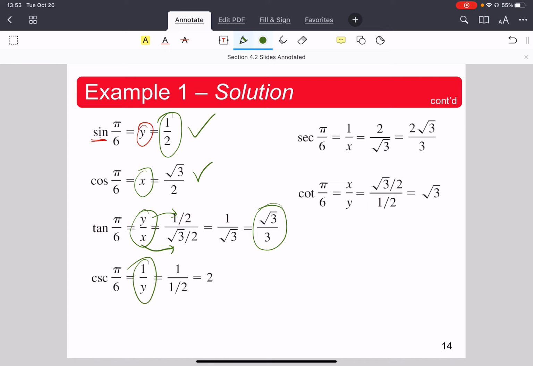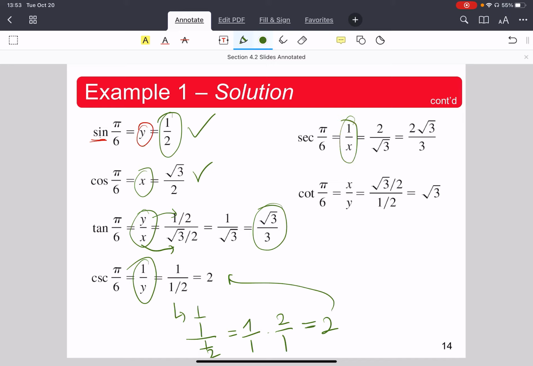Cosecant is always 1 over y, so you're just going to say 1 over 1 over 2, which simplifies like this: you divide 1 by 1 over 2, flip and multiply, so 2 over 1, so then you get 2. That's how they get it. For secant, we're always going to do 1 over x.